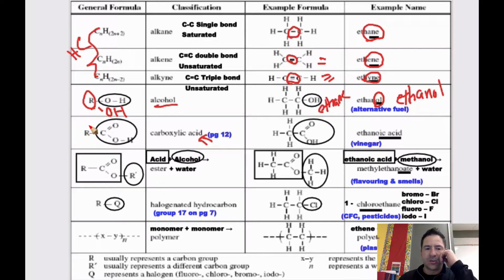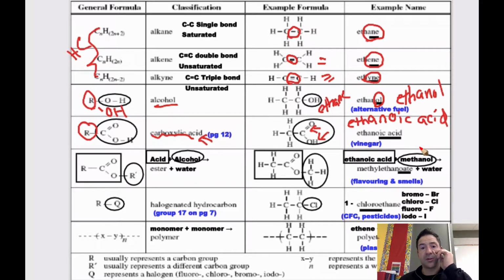Notice that we have a carbon group attached to a carbon double bonded to an oxygen and then attached to a hydroxide, so this O and this H. Circled here, you'll have 2 carbons again. When you see that double bonded oxygen and that OH, you know it is a carboxylic acid, and so instead of ethane, this one is going to be ethanoic acid.